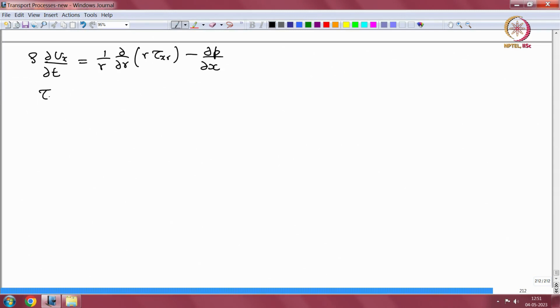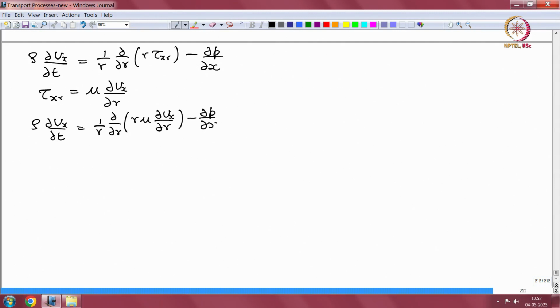If you use Newton's law for viscosity, you get rho partial Vx by partial t is equal to... For incompressible flow, density is a constant.